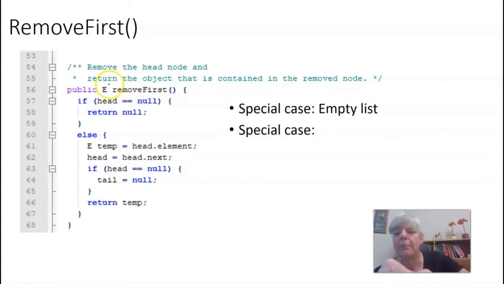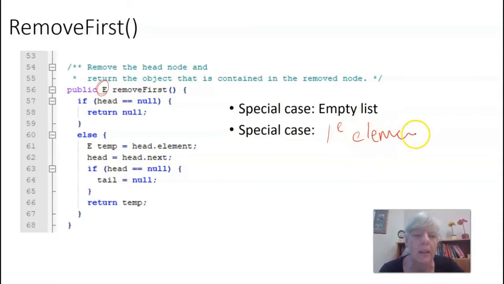Public E, because the same argument as just now, it returns an E. If head is null, the list is empty. And the other special case is 1 element only. Okay, so if head is null, meaning the list was empty, we are returning null.